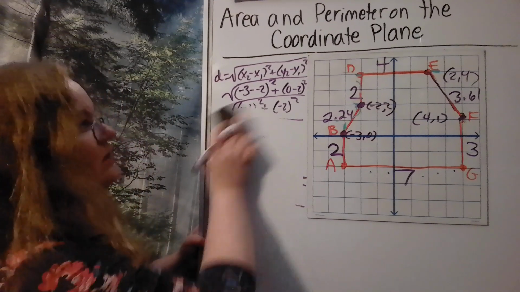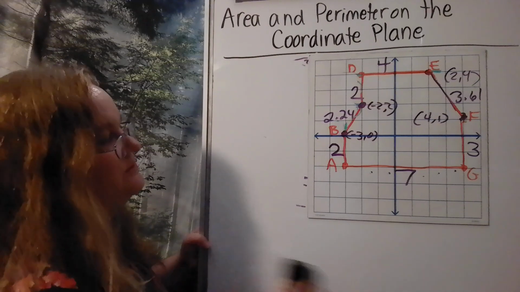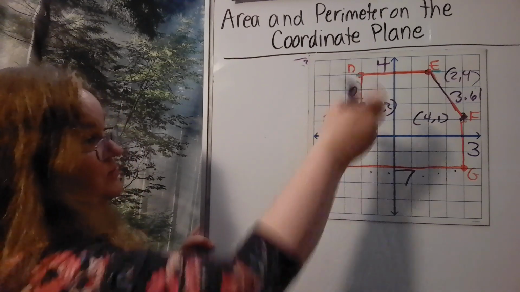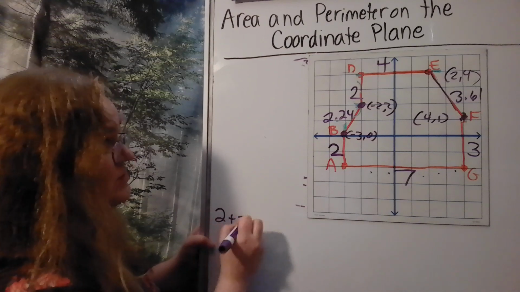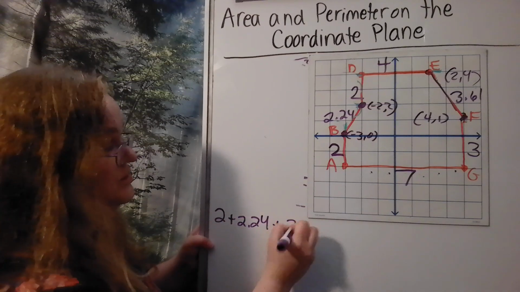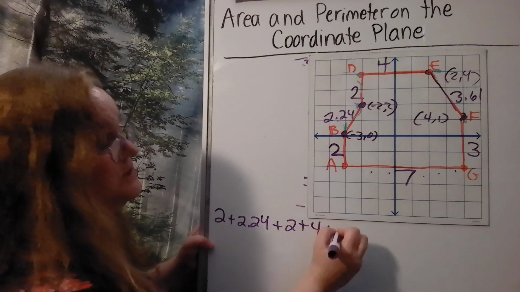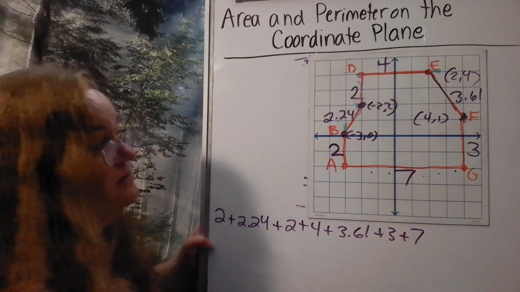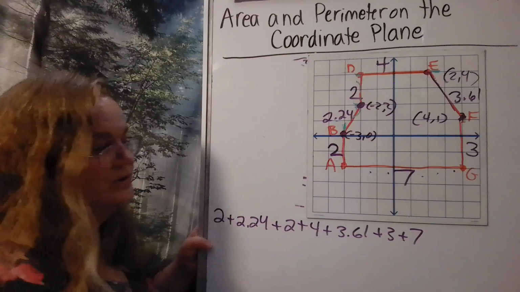Okay. So now that I have all of my numbers and values that I need, I can just add up all of those sides. So if I'm going to start here at A and just work my way around, I've got 2 plus 2.24 plus 2 plus 4 plus 3.61 plus 3 plus 7. And so I'm going to add all those up in order to find the perimeter.